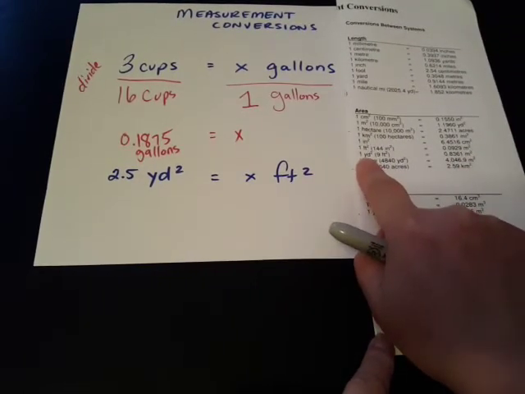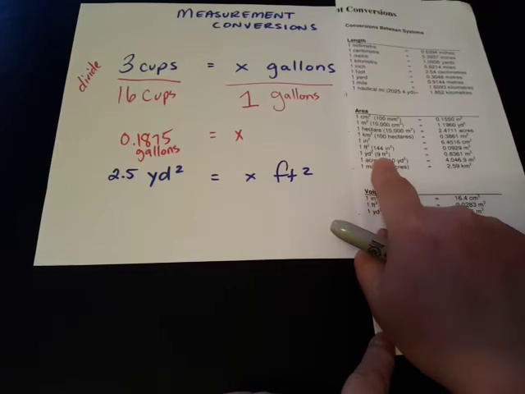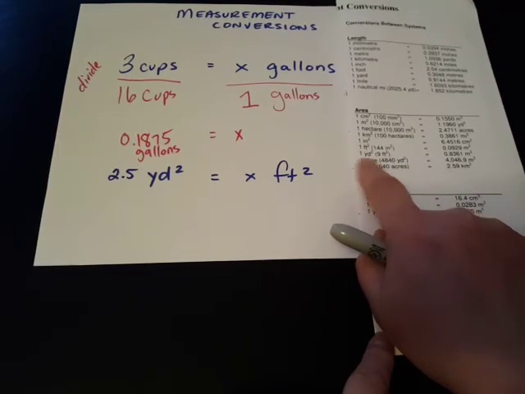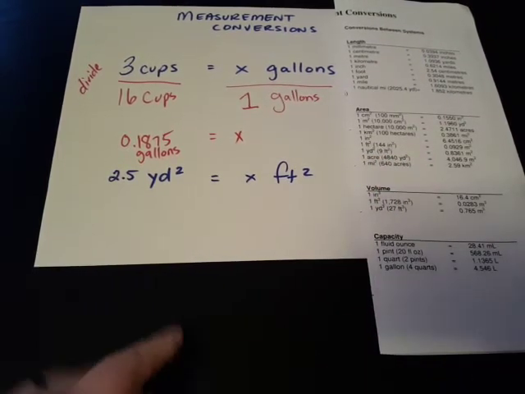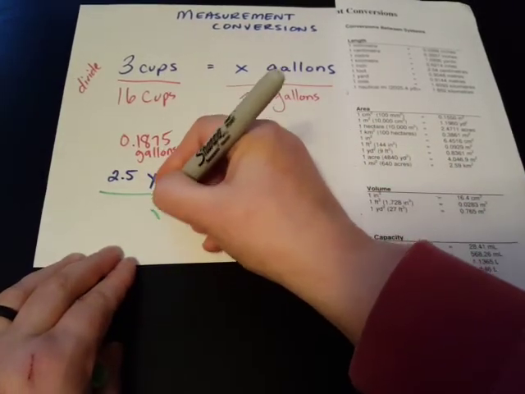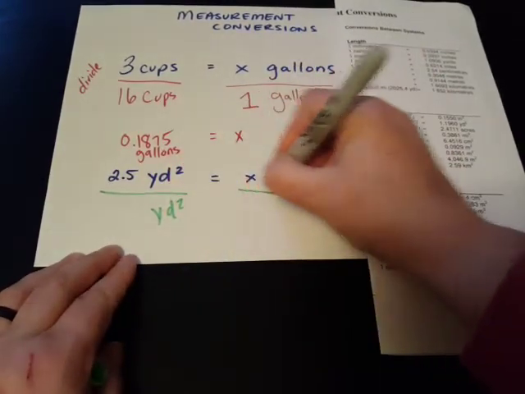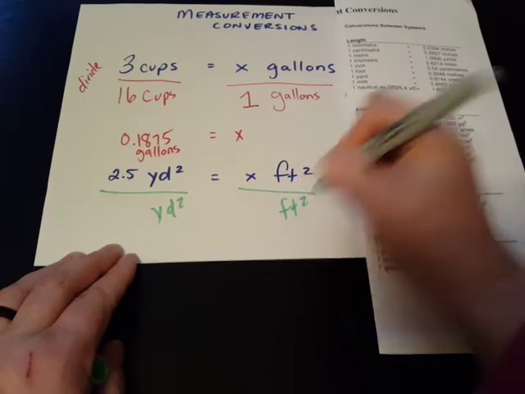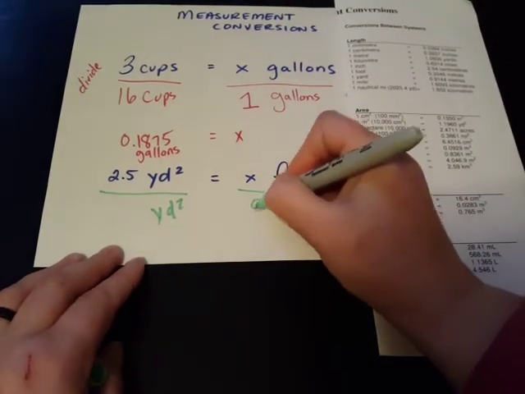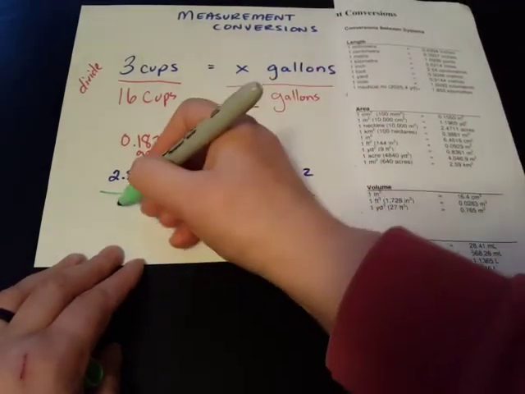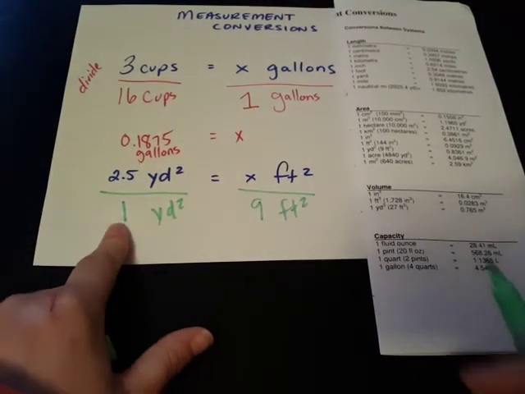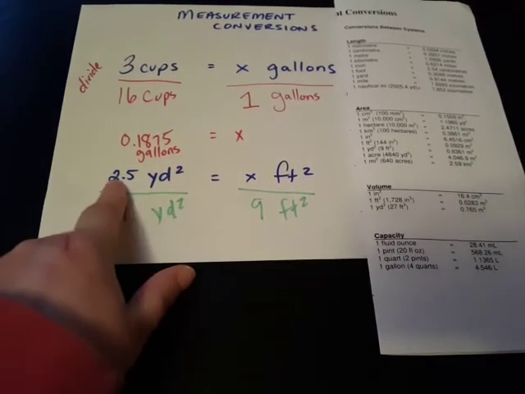And what it says is 1 square yard is the same as 9 square feet. So because they're beside each other, that's saying that they're equal. So we want to put square yards over square yards, square feet over square feet. And we'll use 9 over here and 1 over here. So 1 square yard is equal to 9 square feet.